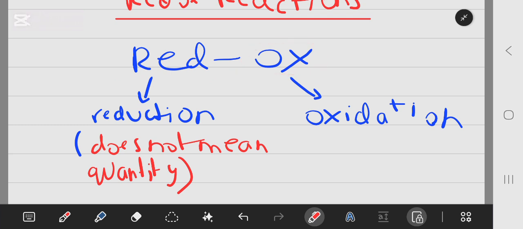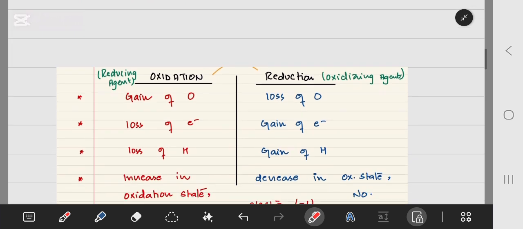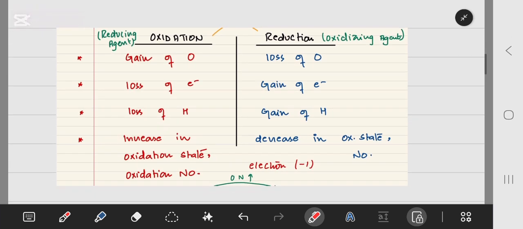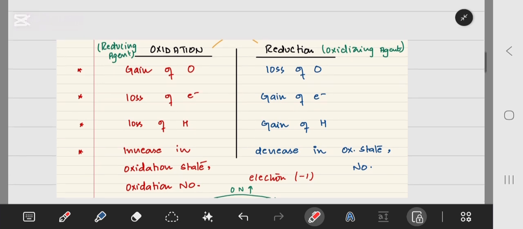So let's look at the types of reduction and oxidation. I hope this makes sense. Let's look deeper at what oxidation and reduction are. There are these types of oxidations and reductions in redox reactions. As you can see here, I have written down some fair comparisons between oxidation and reduction. Whatever is written in oxidation is exactly the opposite of what is written in reduction.